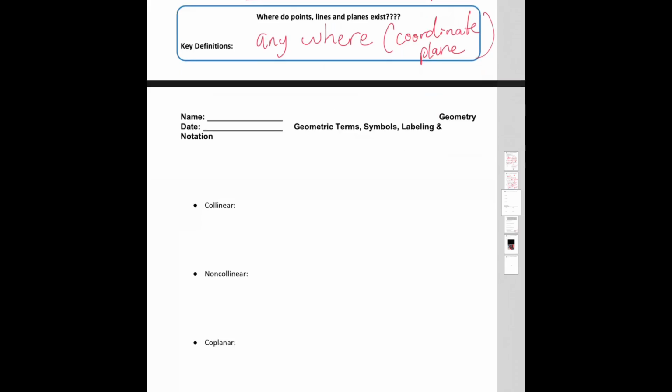So now let's move on and define collinear, non-collinear, and coplanar. First let's look at collinear. Collinear means 2 points or more on the same line.